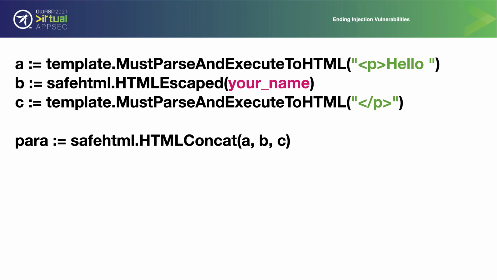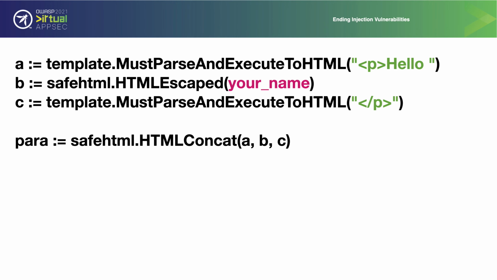When it comes to the HTML side of things, we are kind of having to use the query builder pattern, but we're taking the HTML first, and it's going to be from the template package must parse and execute to HTML, and that does the check. The safe HTML escaped method actually takes the value and encodes it and returns a HTML object.